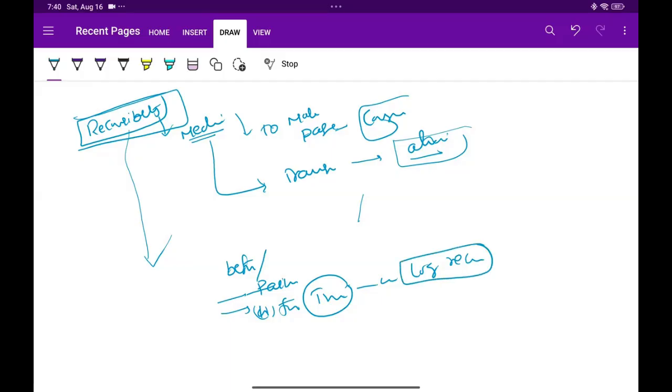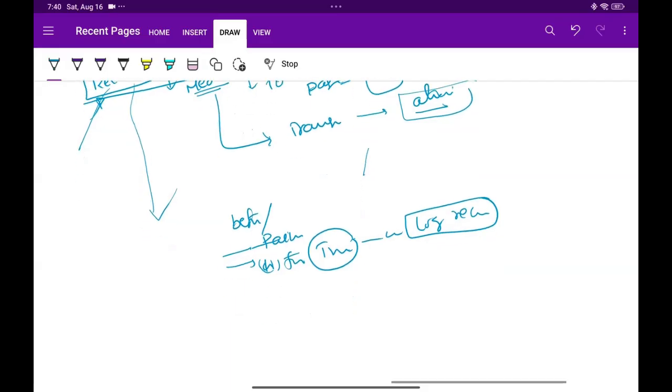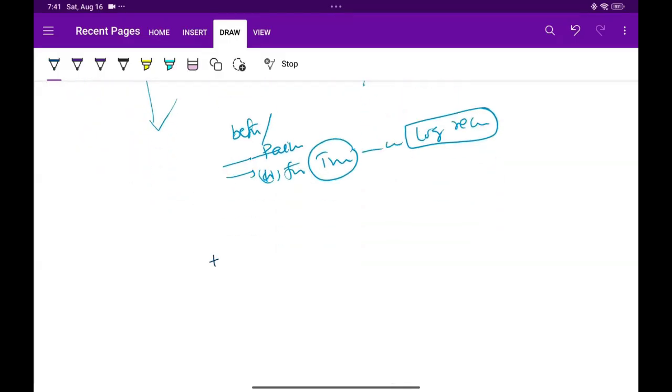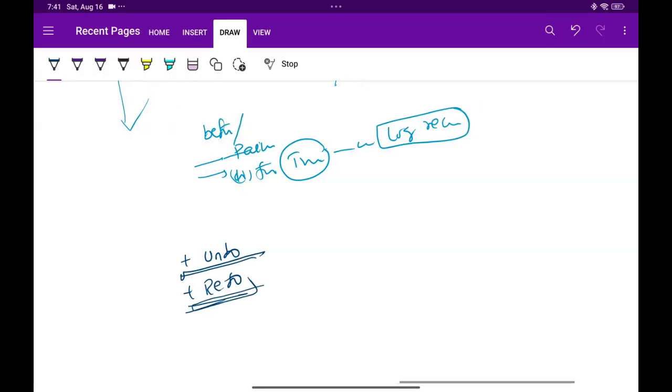The recoverability mechanism uses those log records. And what will it do using that data? It does only two things: one is undo, the other is redo.